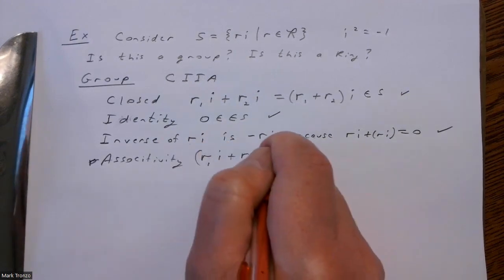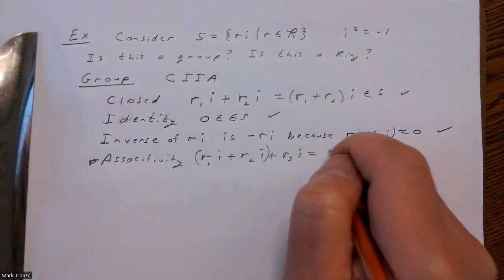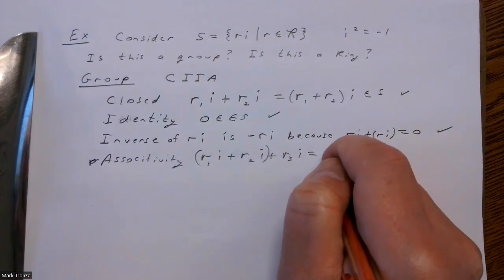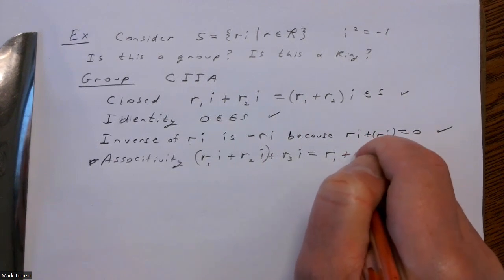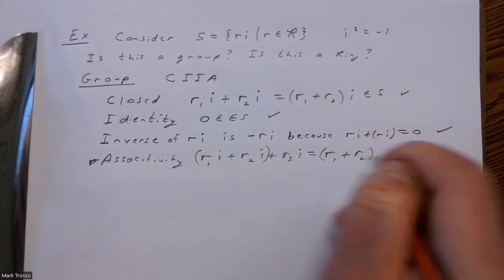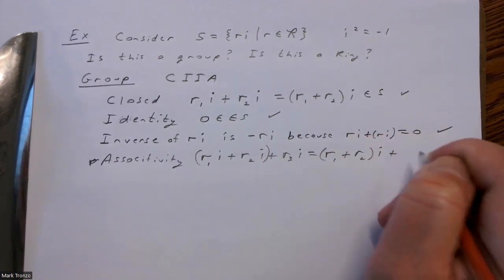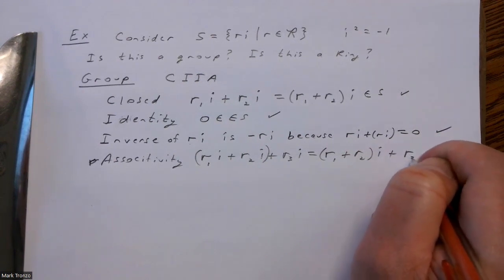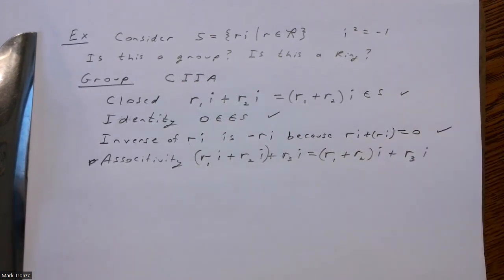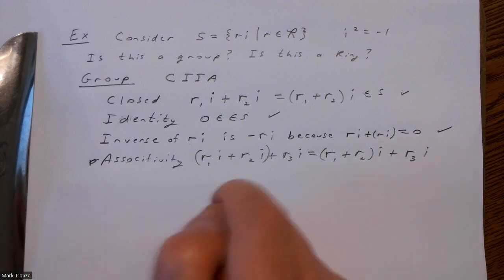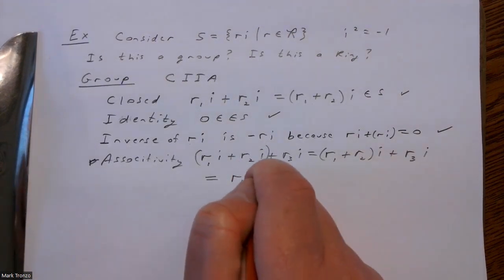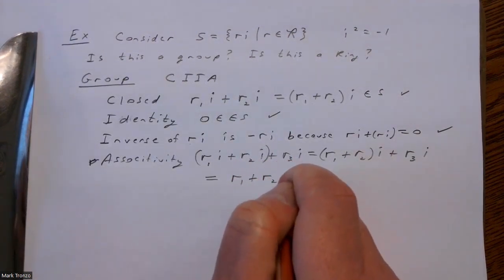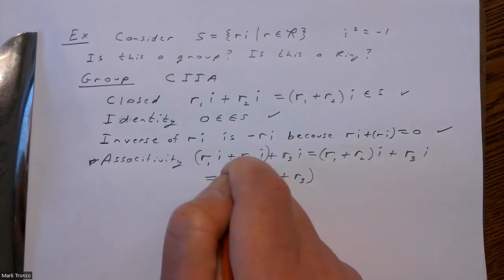If we added these two together, that would give us (r1 plus r2) i plus r3 i, and that's going to be equal to (r1 plus r2 plus r3) i.